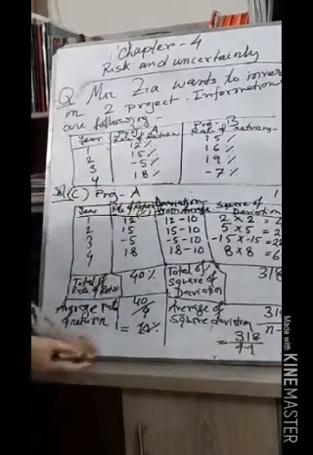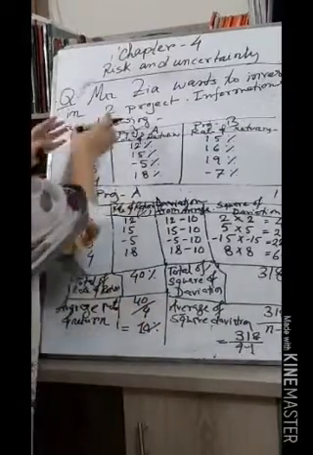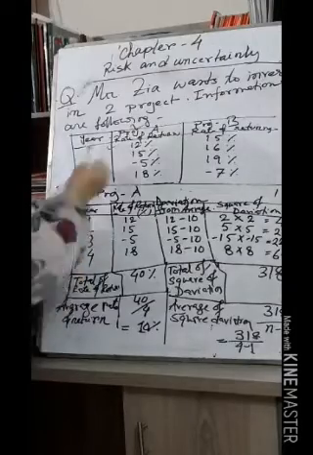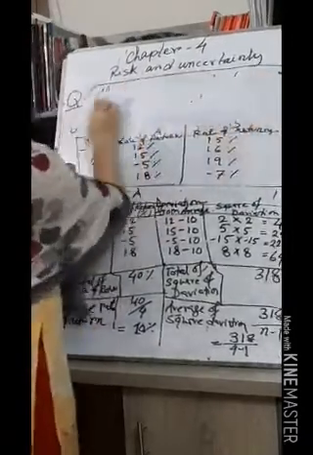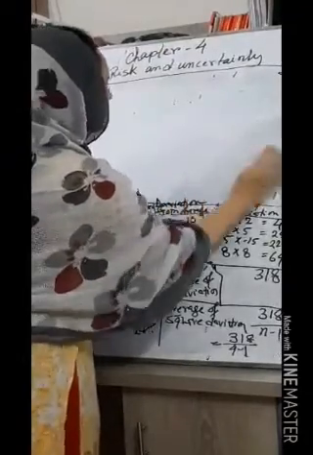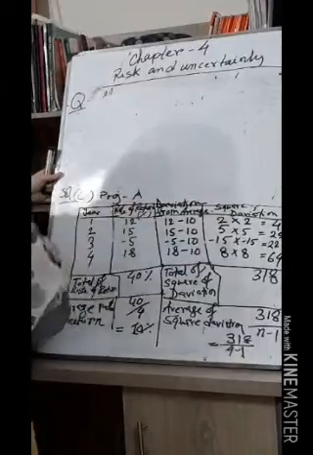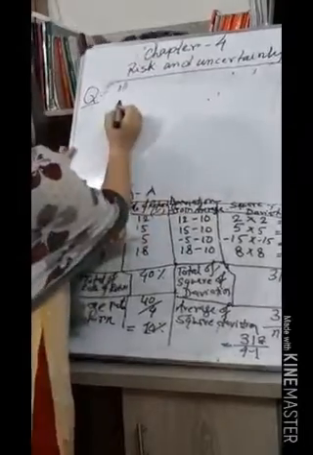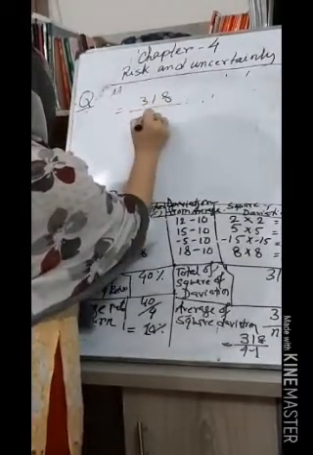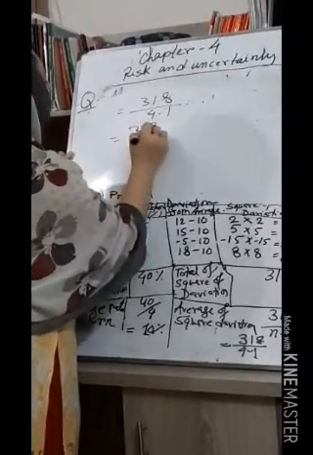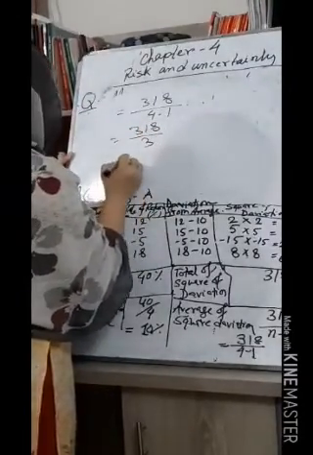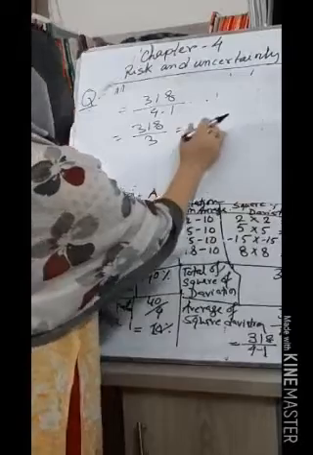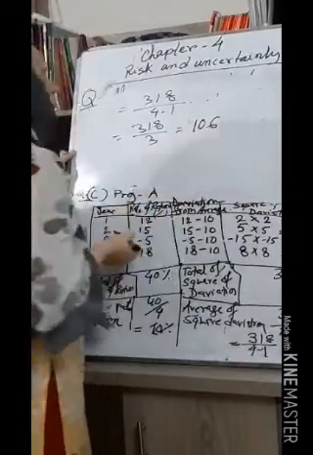This is the math, and I am removing this portion, nothing to do actually, the second project I already removed. The remaining portion is 318 divided by 3, and by calculator 318 divided by 3 equals 106.